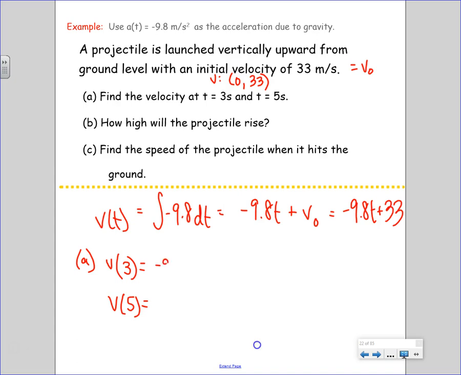So, negative 9.8 times 3 plus 33, and negative 9.8 times 5 plus 33. Someone double check this. 5 times 9.8 is 49, negative 49 plus 33 would be negative 16.